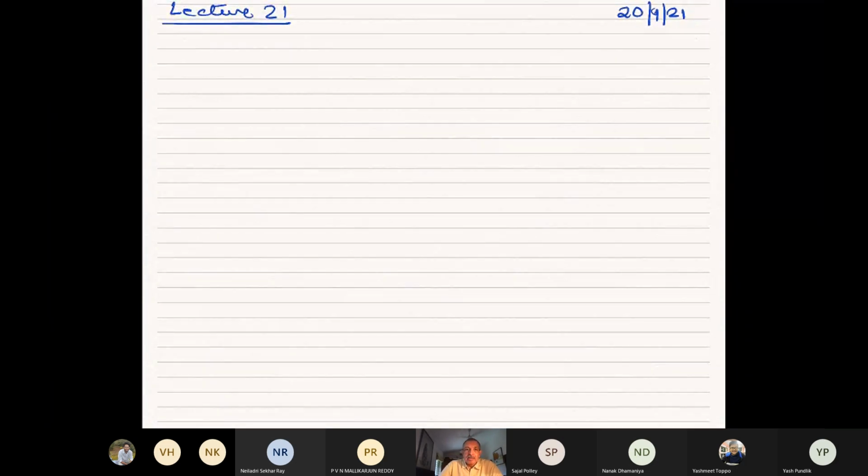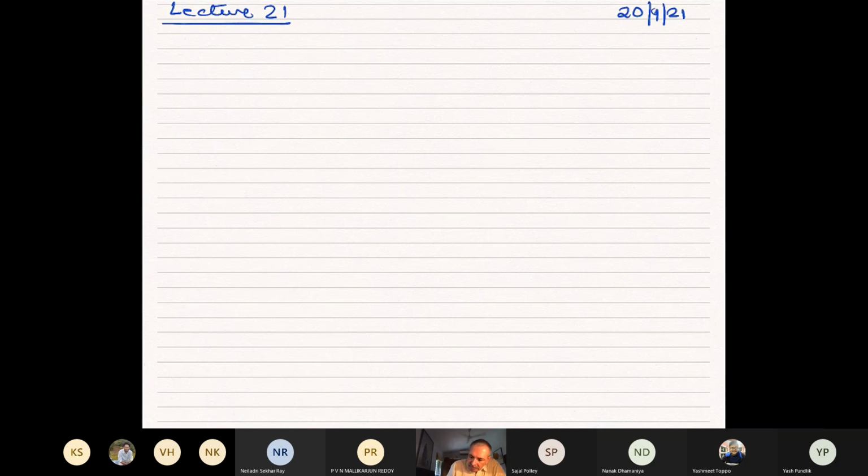Okay, and today my idea is to actually solve for the flow in a wedge-shaped hopper using the critical state theory. So that's my idea.